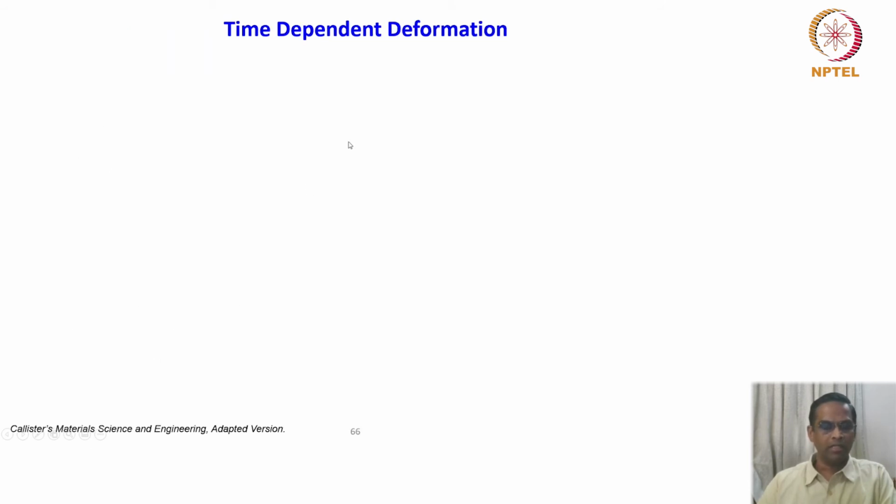So, but our interest is deformation. So, whenever we are going to discuss about deformation about the semi-crystalline or non-crystalline materials, we should recall our initial lectures where we talked about time-dependent deformation. Okay.